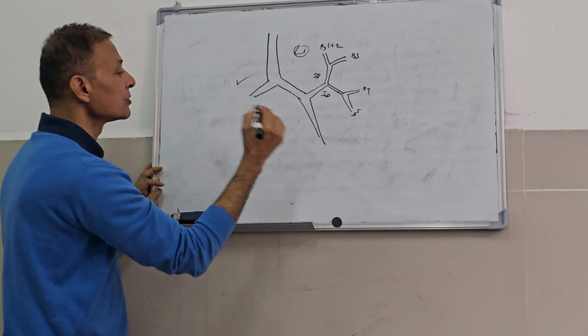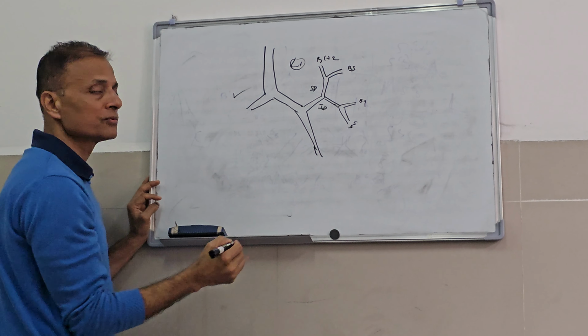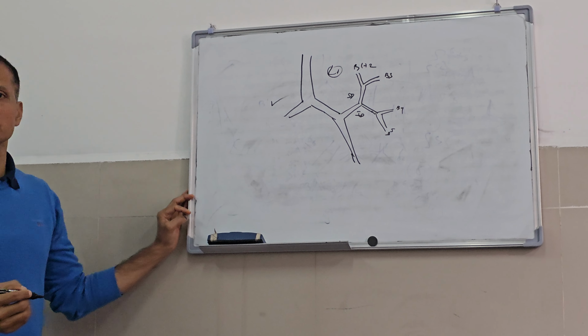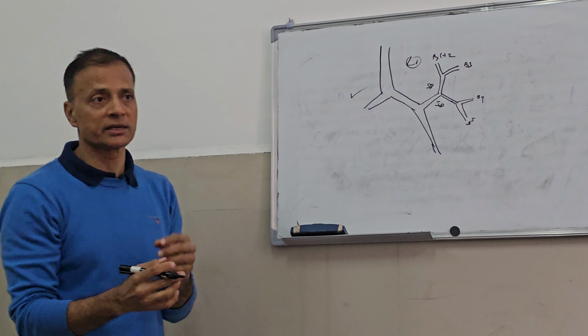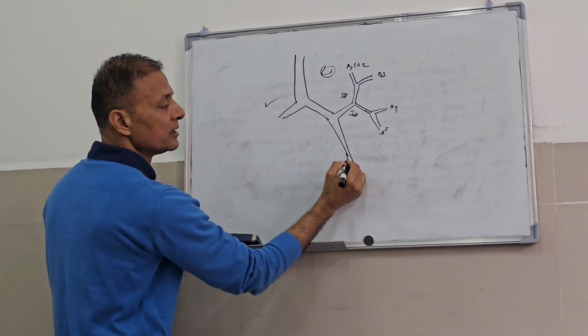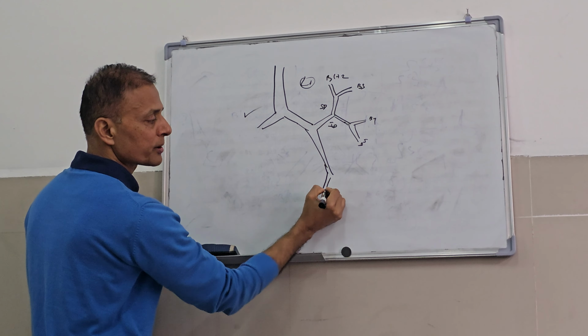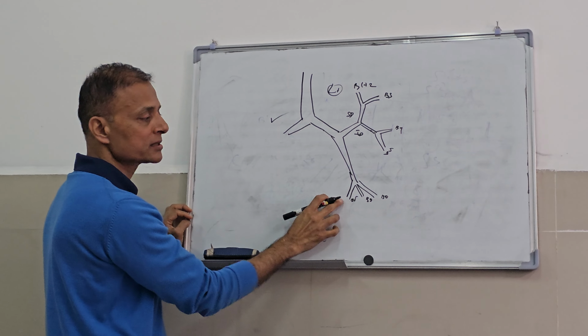The lower lobe, on the left side, we don't have the medial B7 segment because it is combined with B8. So it will be the anteriormost part of B8, the lateral part of B9, and the posterior part will be B10.